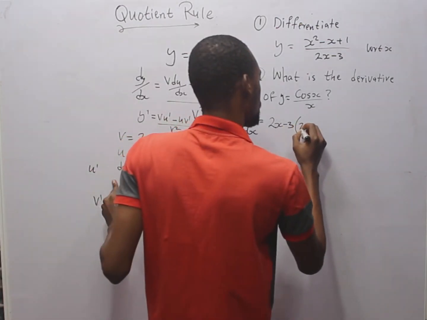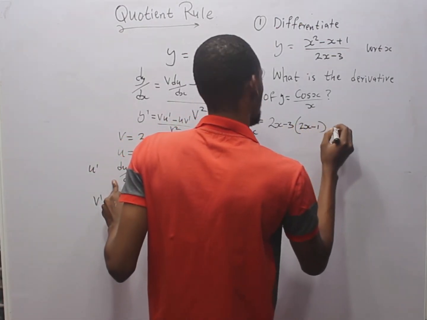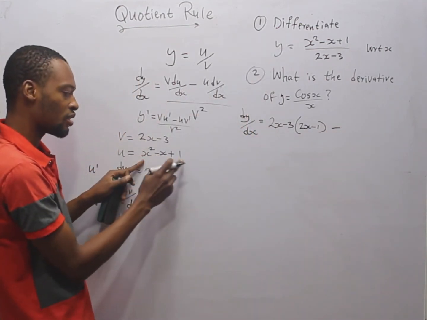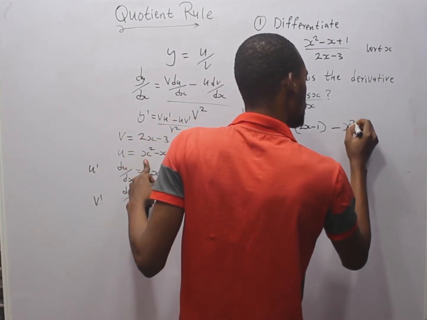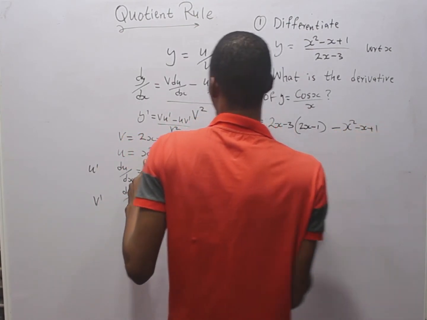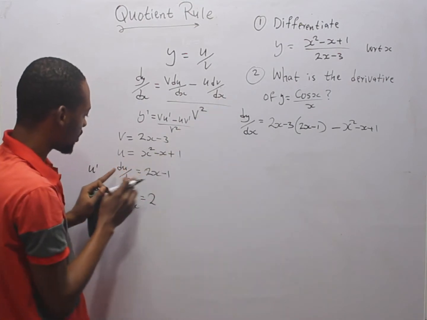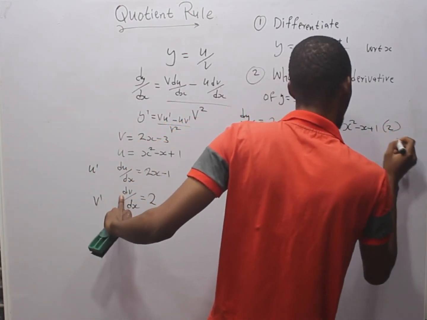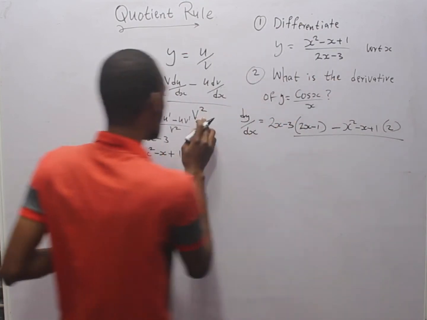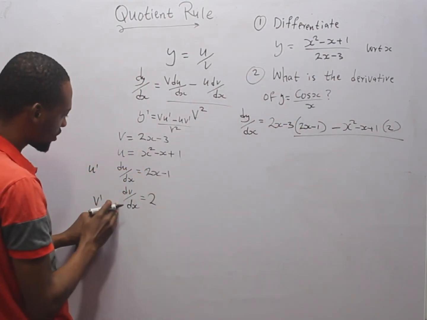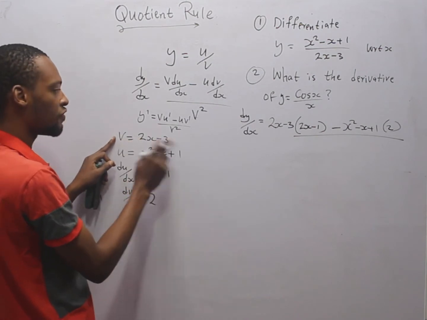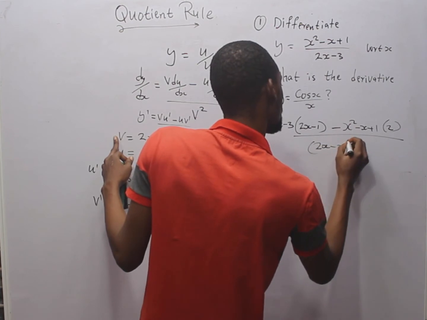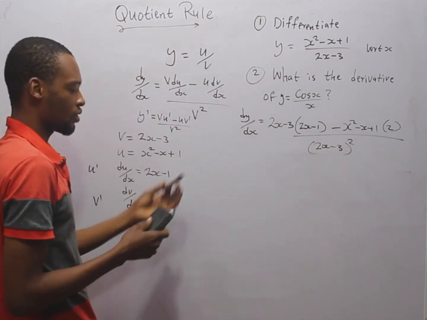So times 2s minus 1, minus u, which is s squared minus s plus 1, times dv ds. dv ds is 2, so times 2, all over v squared. v is 2s minus 3, so v squared will simply be 2s minus 3 all squared. Take a look at that.